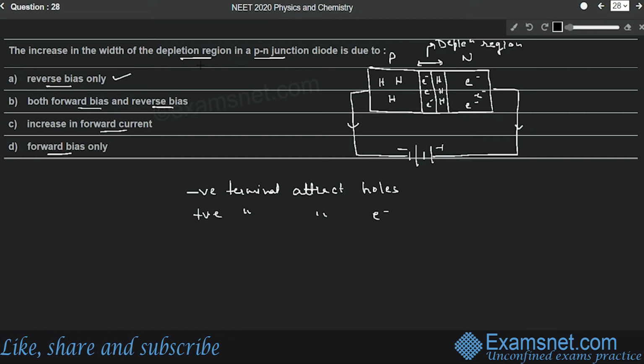So what will happen? Due to this, the majority carriers move away from the junction, right?